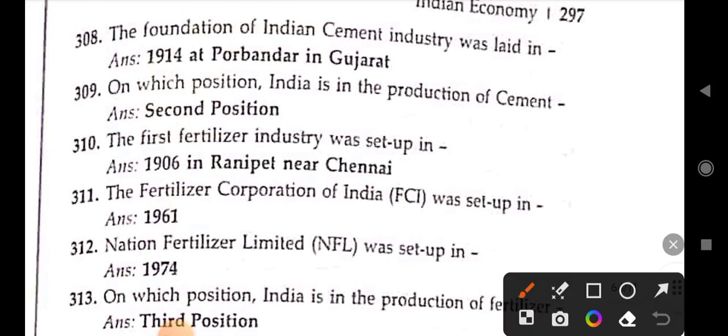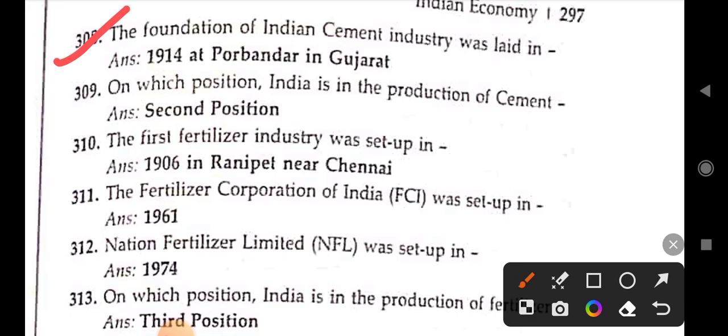Next, the production of cement was started in 1904 at Madras. Next, the foundation of the Indian cement industry was laid in 1914 at Porbandar, Gujarat. On which position is India in production of cement? Second position. The first fertilizer industry was set up in 1906 in Ranipet near Chennai.